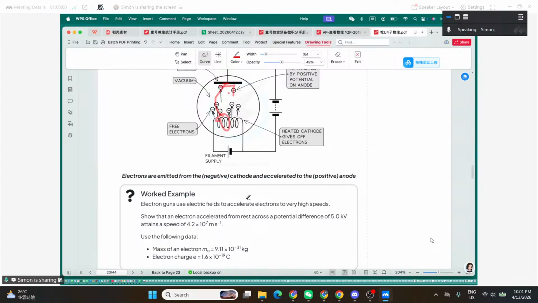The question asks to show that an electron accelerated from rest across a potential difference of 5 kV attains a speed of 4.2 times 10^7 meters per second. Use the following data. How do we calculate? Think about it and tell me the process.